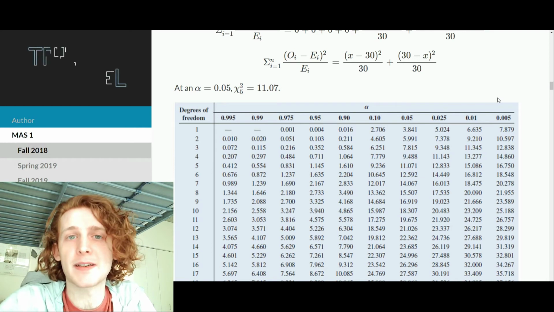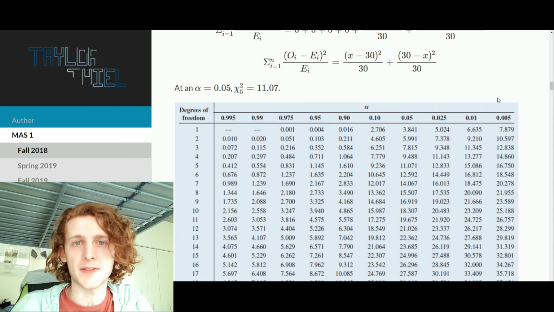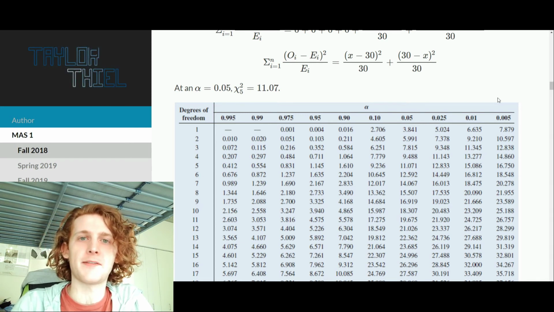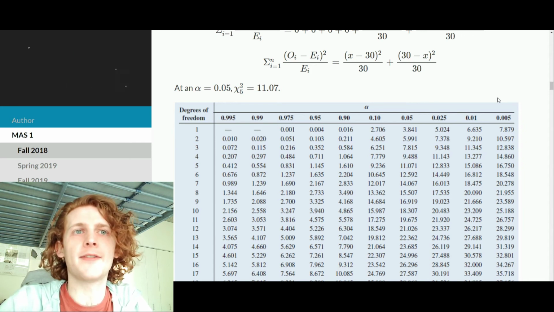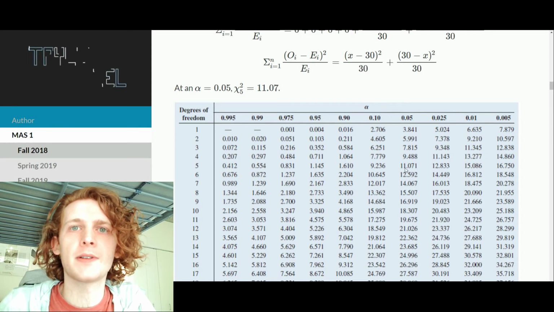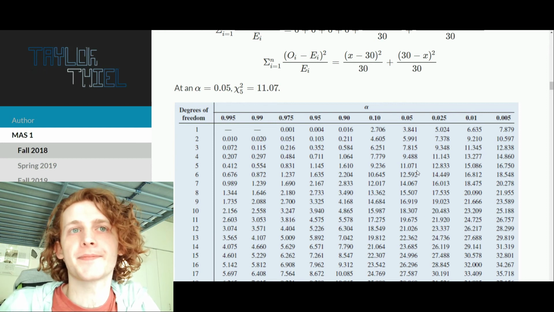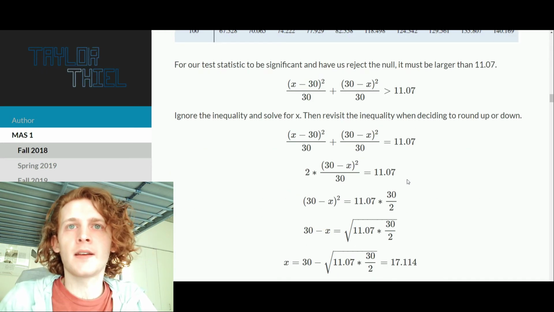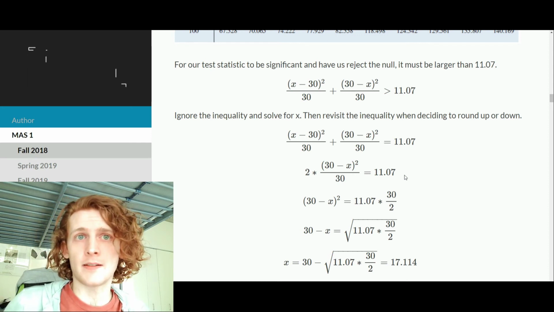Again, that's because there are 6 sample values in the table, but you only need 5 before you can calculate the 6th one, so n minus 1 is just 5. Then we have an alpha level of 0.05, so we go to our table and we see that's 11.071. So we know that our test statistic needs to be larger than that.